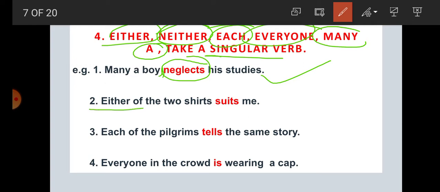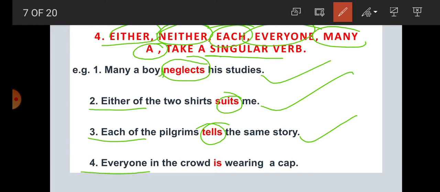Either of the two shirts suits me. Here student, the sentence starts with either. That's why here there is suits, that is a singular verb. Each of the pilgrims tells the same story. So here tells is a singular verb, and the sentence starts with each. Next one, everyone in the crowd is wearing a cap.